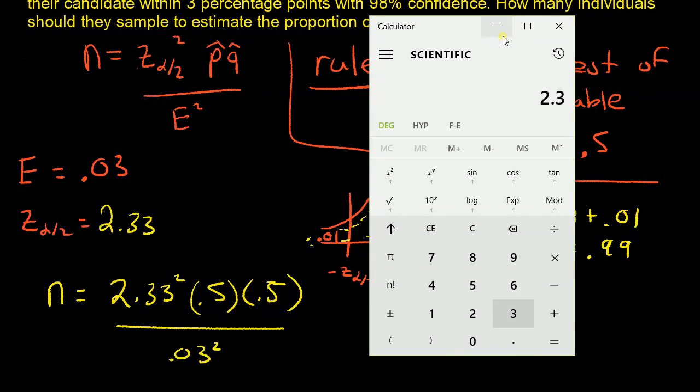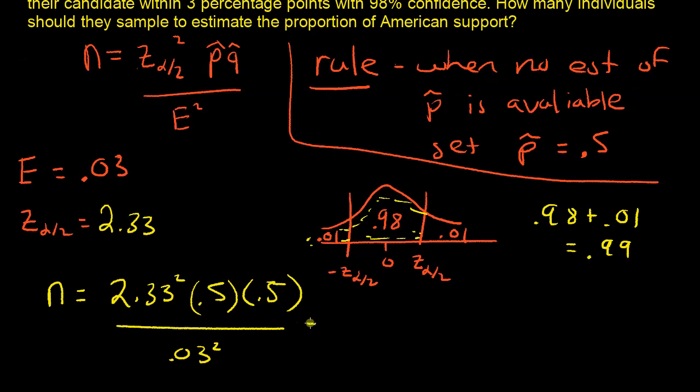So 2.33 squared times 0.5. Basically, 0.5 is being squared. 0.5 times 0.5. Okay, divided by 0.03 squared. So we get 1508.03.